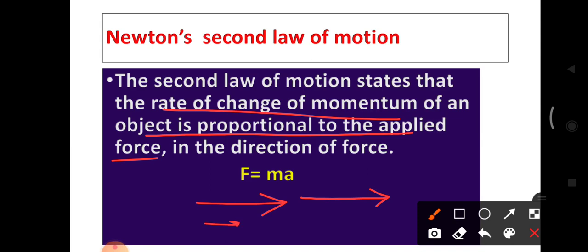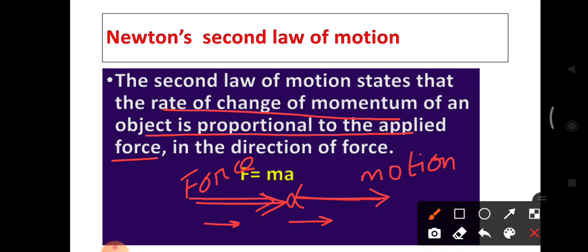If the force is less, the momentum of the object is also less. So the momentum of the object, that means the motion of the object, is always directly proportional to the applied force. If you apply more force, the object will move faster.